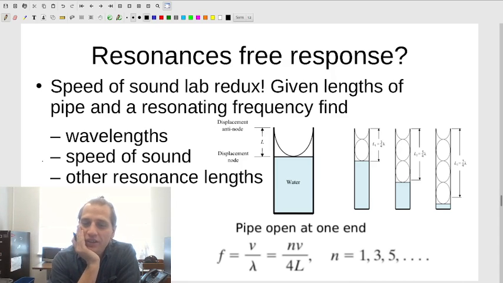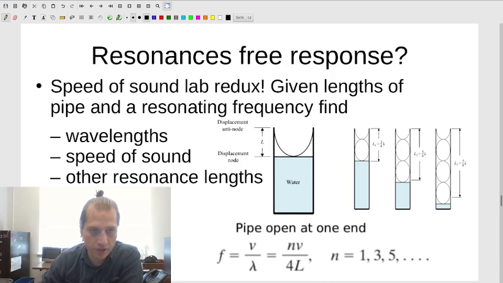So here's another type of question that I might give you. I showed you a lab that we did not, unfortunately, have time to complete this year, where you could measure the speed of sound by looking for resonances in a pipe where you fill it with a certain amount of water, and you can effectively make a one end open, one end closed pipe of a particular length by moving the water up and down.